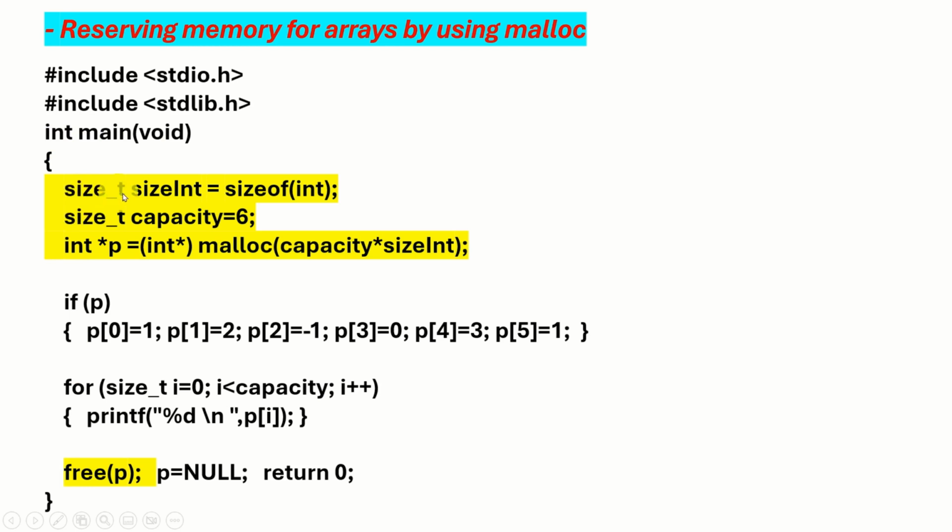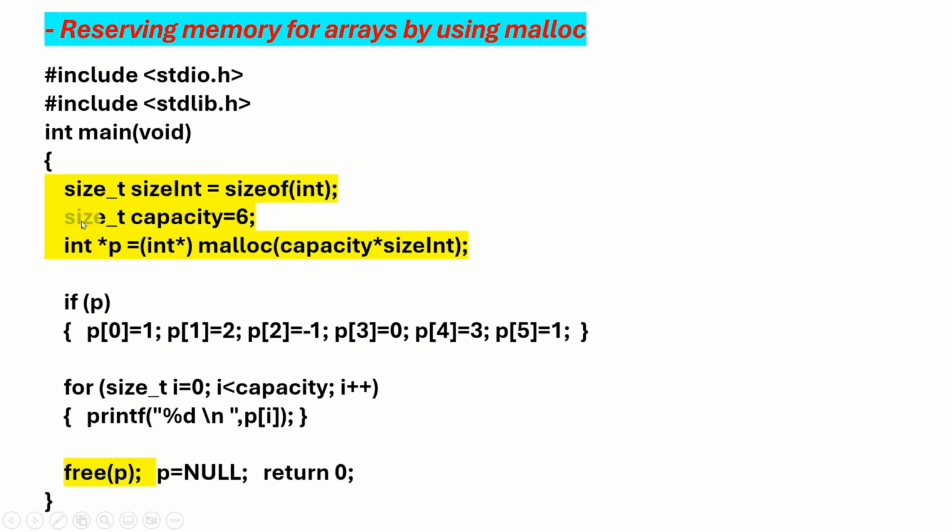First of all, I'm going to declare over here a variable that will store the number of bytes necessary to store integers, and I'm going to assign the value to this variable to be the output of size of integer. This statement will return 4, and the value of 4 will be stored in size int.